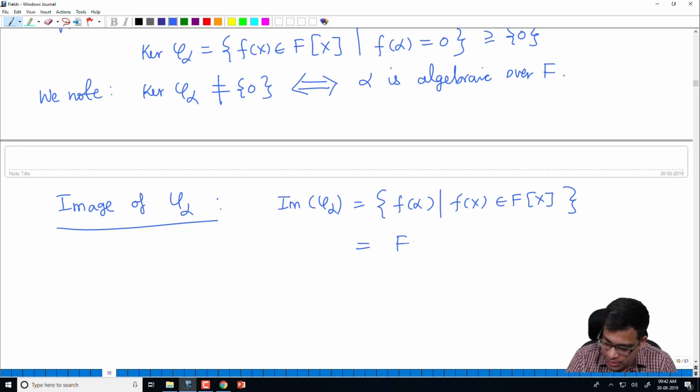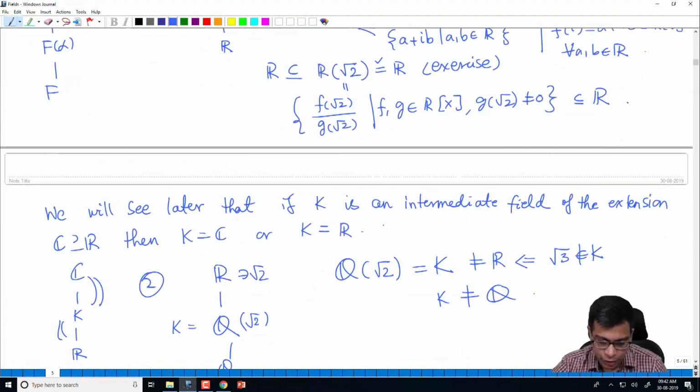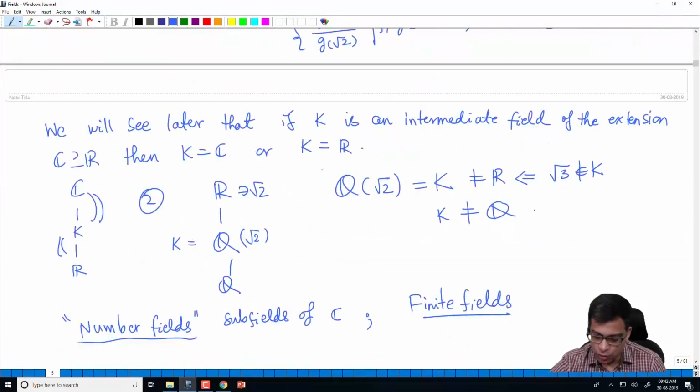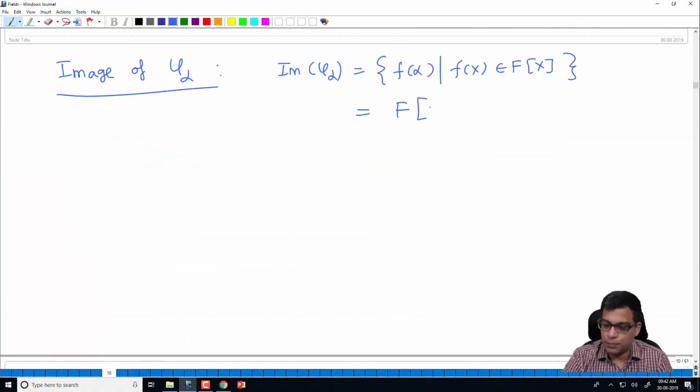And the notation is, remember this looks very much like the field F round bracket alpha that we defined earlier. F round bracket alpha is this ratio. Now what we have is only the numerator, the denominator is not allowed. So this is actually very similar to just polynomials in alpha. So we are going to denote this by F square bracket alpha.